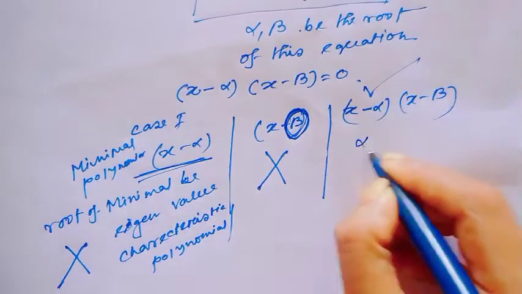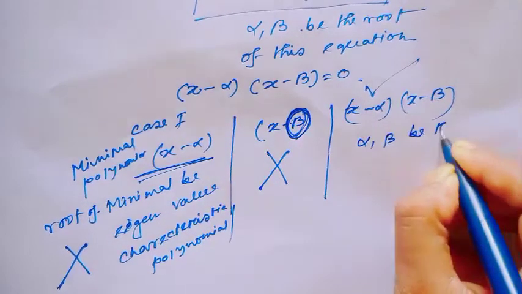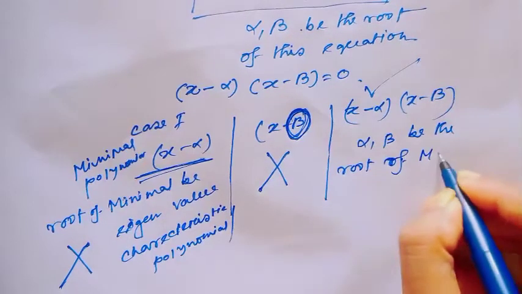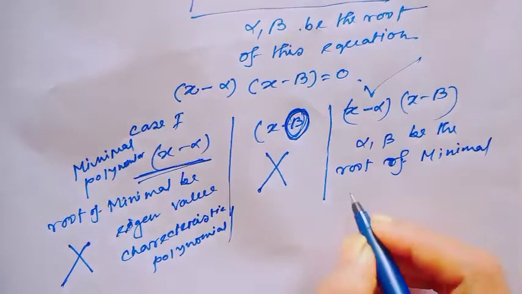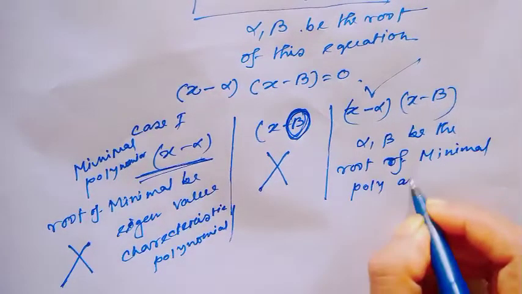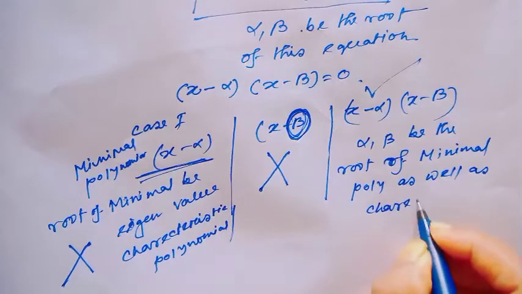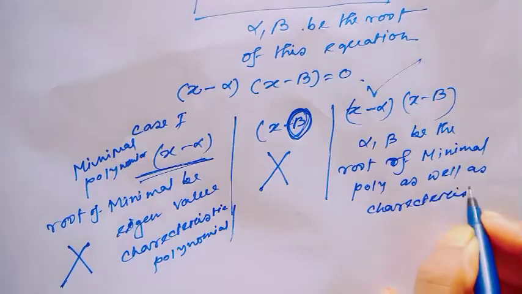That means alpha and beta are the roots of the minimal polynomial as well as the characteristic polynomial. Okay?